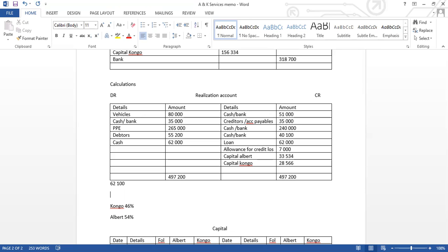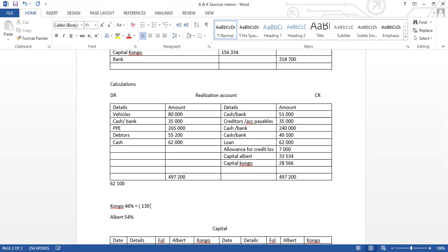So let's quickly find out their profit sharing ratios. Firstly, you have Congo. Okay, maybe just do it here because I didn't show calculations. You are told that Congo has a capital balance of 130,400.